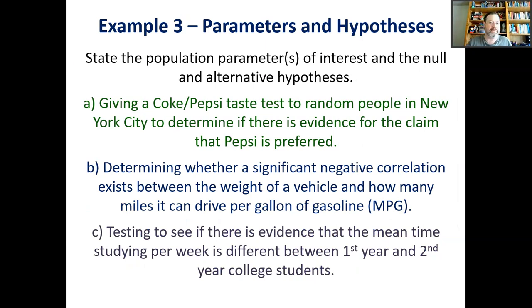So the way you remember it is say to yourself, the null hypothesis means no effect or no difference. If there's no difference between Coke and Pepsi preference, then what is the proportion who prefer Pepsi? Right? It's 0.5.